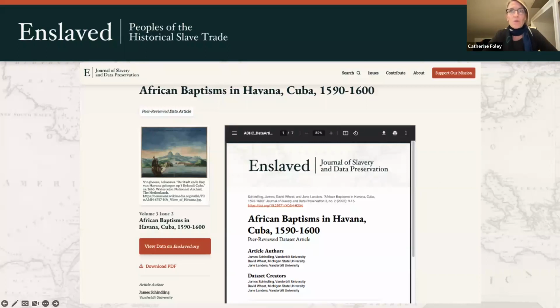So the reason I'm pausing on this is that this is an example of a data article in the journal, and the data article is intended to describe the methods used to create the data set. It includes things such as the names of the archives and the collections that the contributor consulted for their data set.